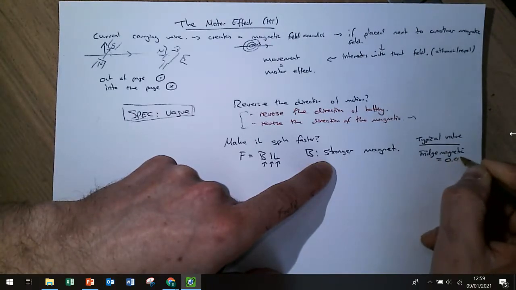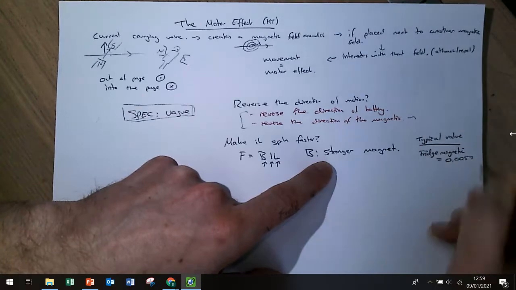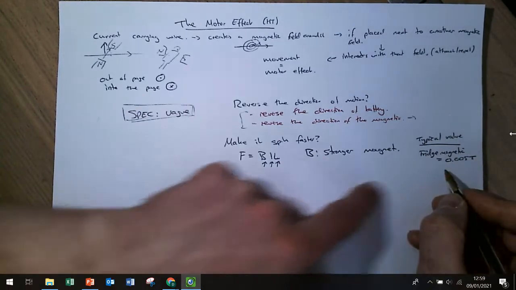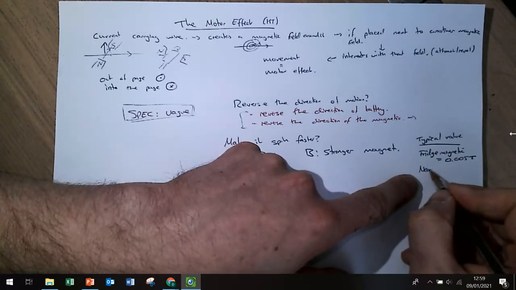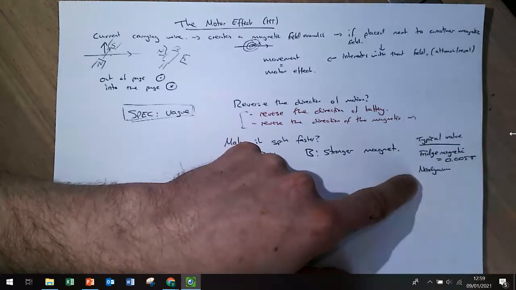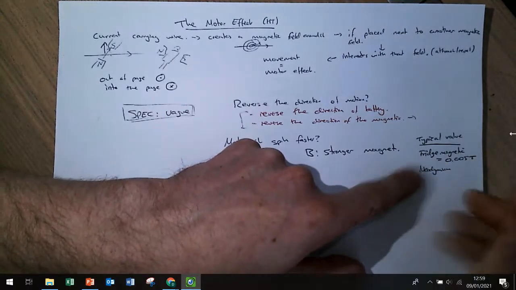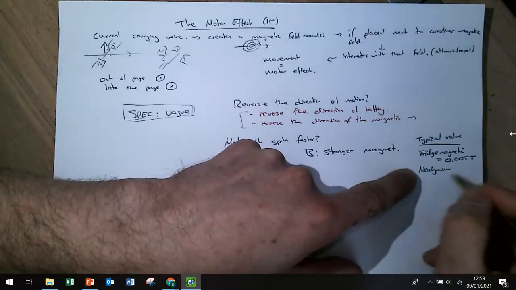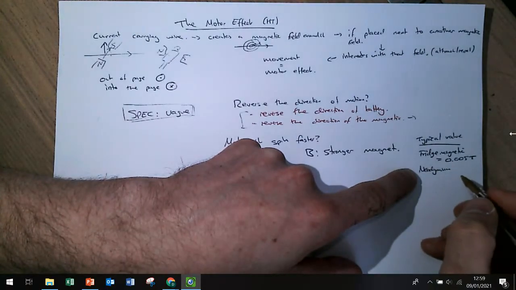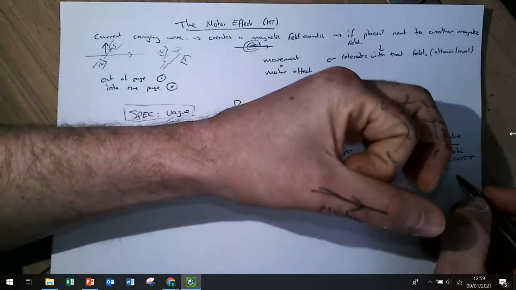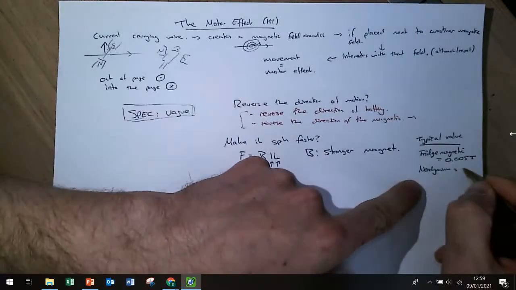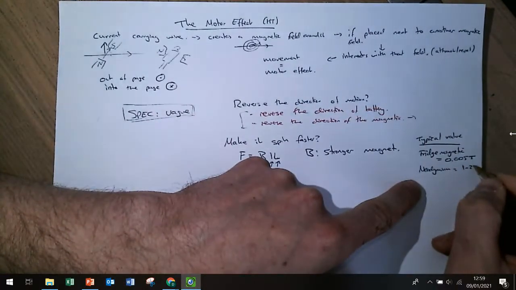It's around 0.005 Tesla, which is tiny. A neodymium magnet, which is quite a recent discovery actually, the really strong ones that can be quite dangerous even when they're only this big, will probably be 1 to 2 Tesla for the average one.